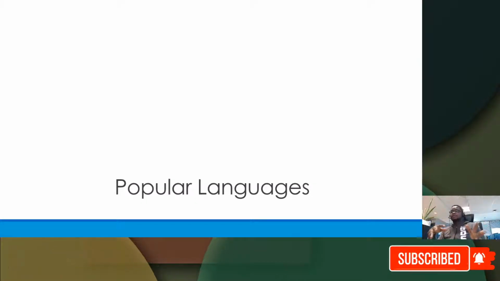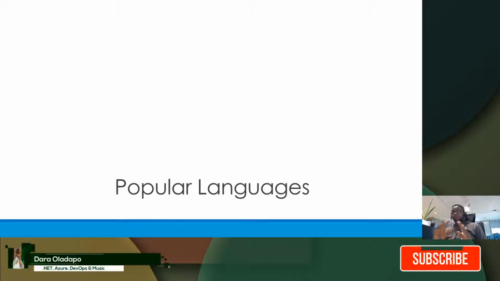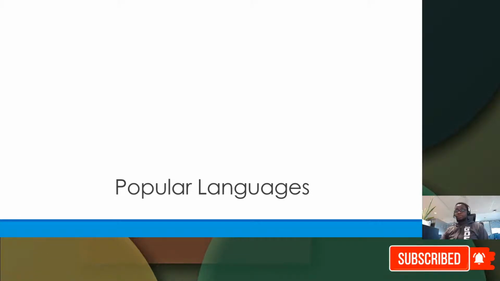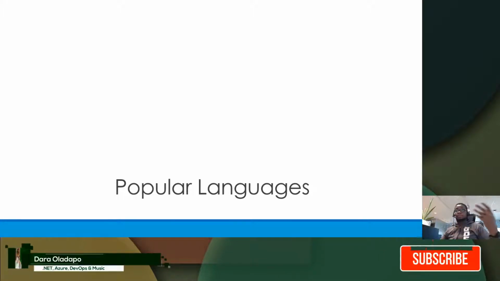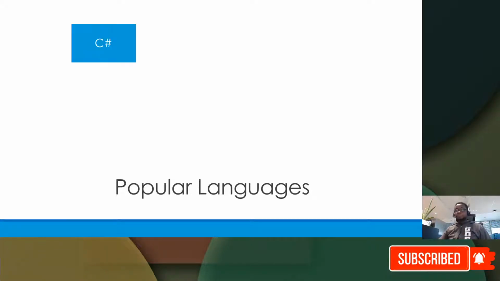I'll first talk about the popular languages we have today. There are tens and hundreds of programming languages out there, and sometimes you could wonder, which one should I even choose out of all these? But I'll just list out the popular ones that I know. You may have heard of these languages, depending on where you are, or not. The first language, which I write, is C sharp.